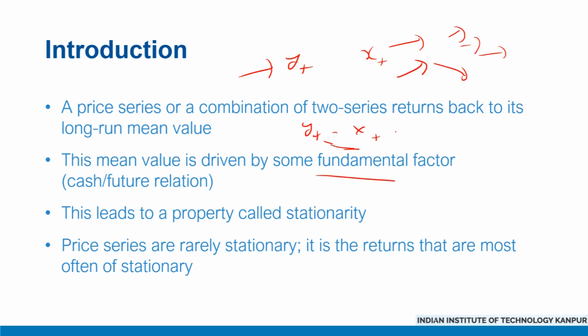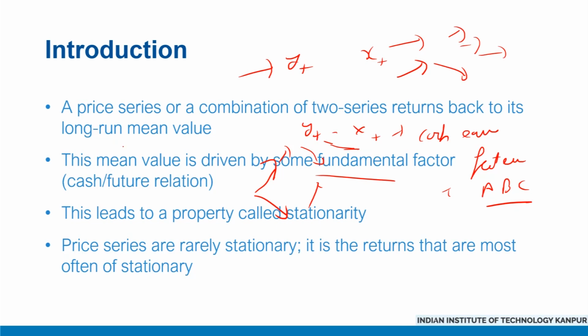Let me give you 2 examples. Think of cash, that is equity, and futures prices of the same underlying, let's say a stock of company ABC. So ABC stock and future, obviously they will not deviate too much away. In the short term they may move a little bit away, but in the long term they should come together.